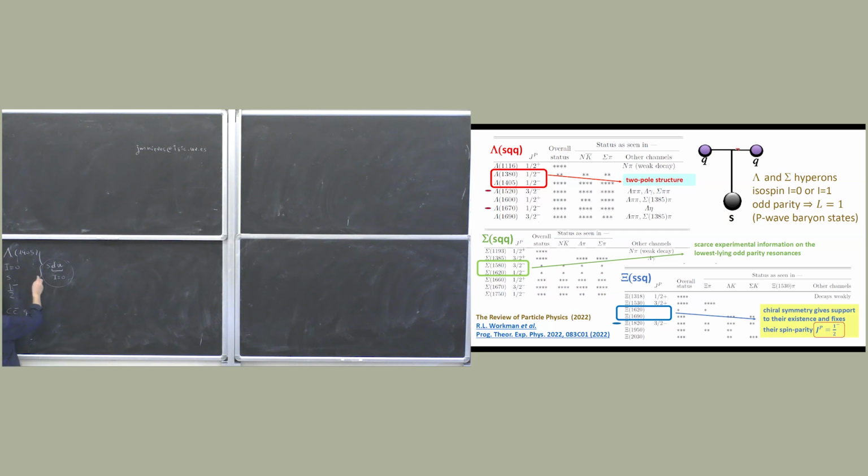In principle, there is no problem. I mean, people working in constituent quark models have some potentials for the quarks. There is nothing new, right? Typically, the potential between quarks is just one gluon exchange.